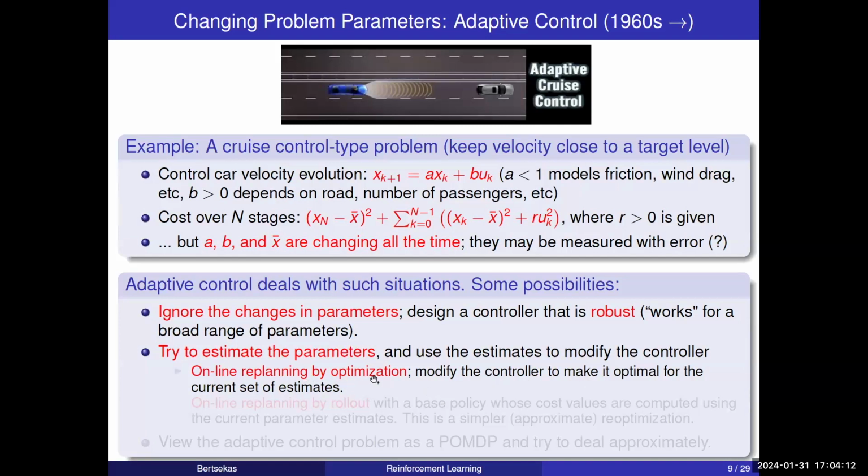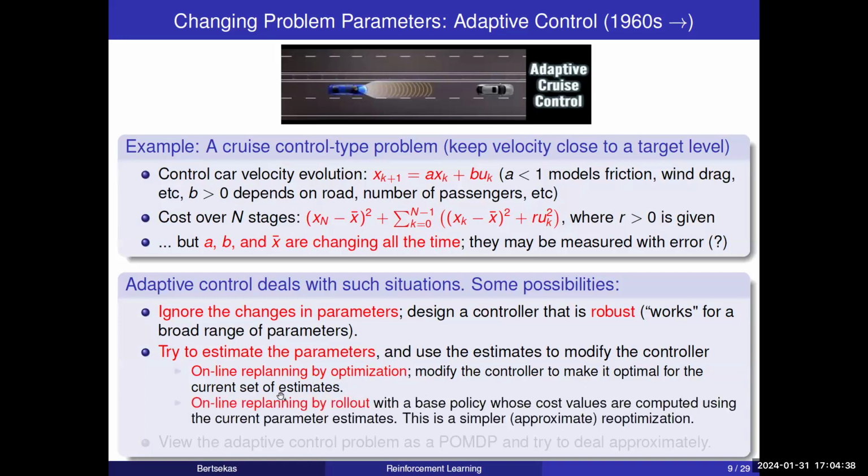Now, reoptimization has to be done online, right? You estimate parameters online, and then you reoptimize online. But this reoptimization may be time-consuming, and you may not have a big enough computer, or you may not have enough time to do the reoptimization. So it could be done suboptimally, and that's where reinforcement learning comes into play.